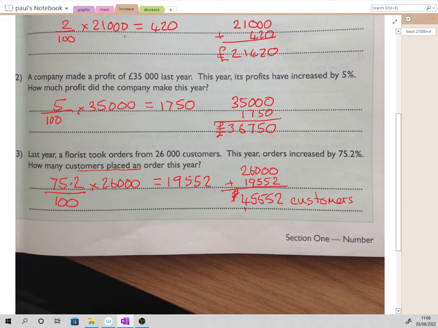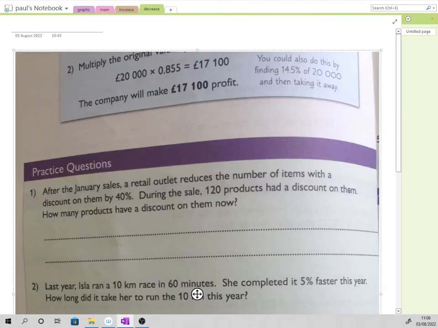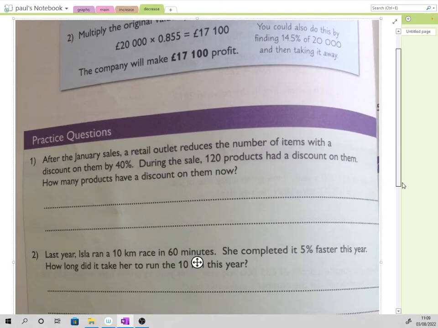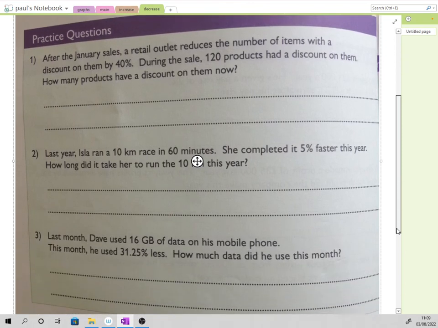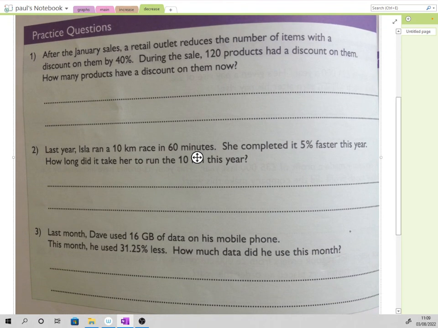Okay, percentage increase. Let's have a look at some decrease ones now. So don't forget, you can always pause, have a go, and then see how close we get. See if we get the same answer.